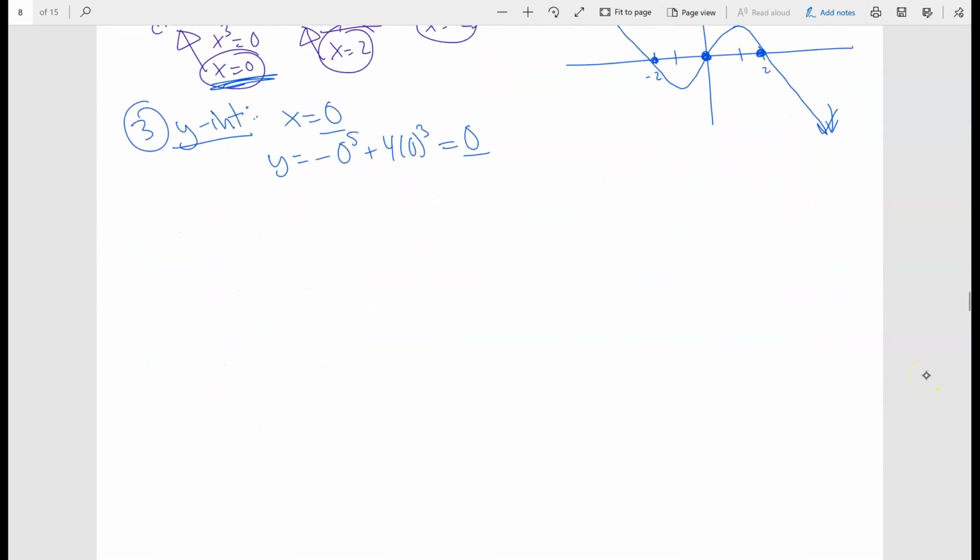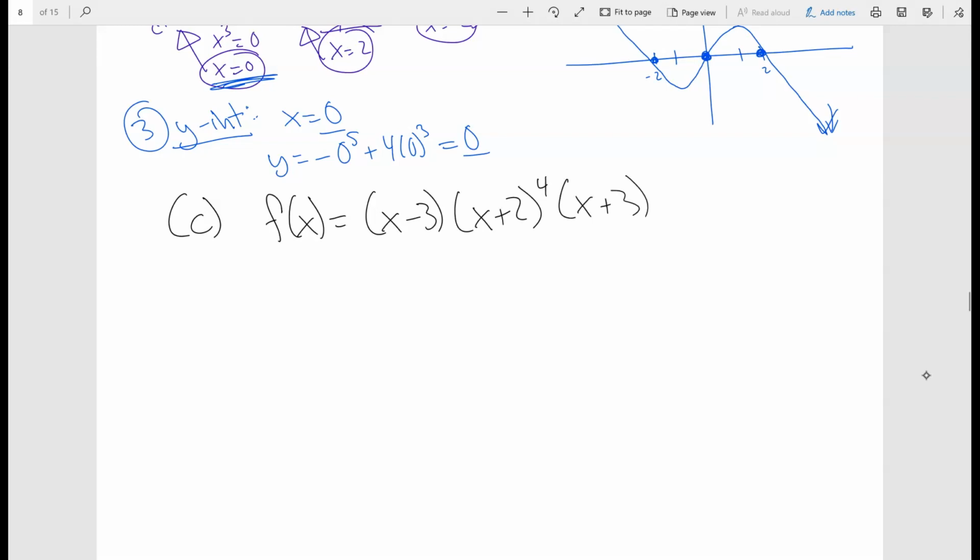Let's just do one more. We won't graph it, but I'll at least try to figure out the multiplicities and the degrees. So let's say you just have this guy, something that looked like that. So here, first of all, notice that there's no way I'm going to FOIL all this out.